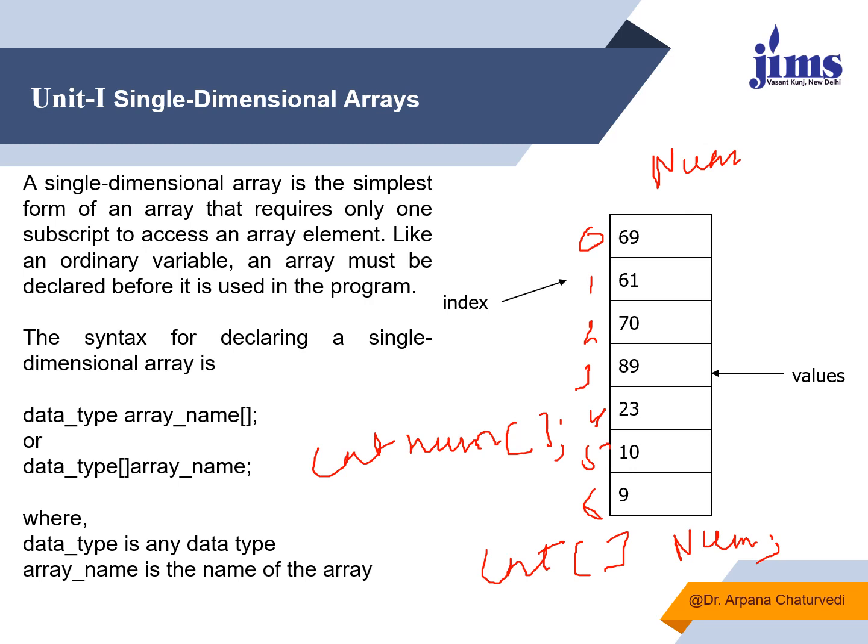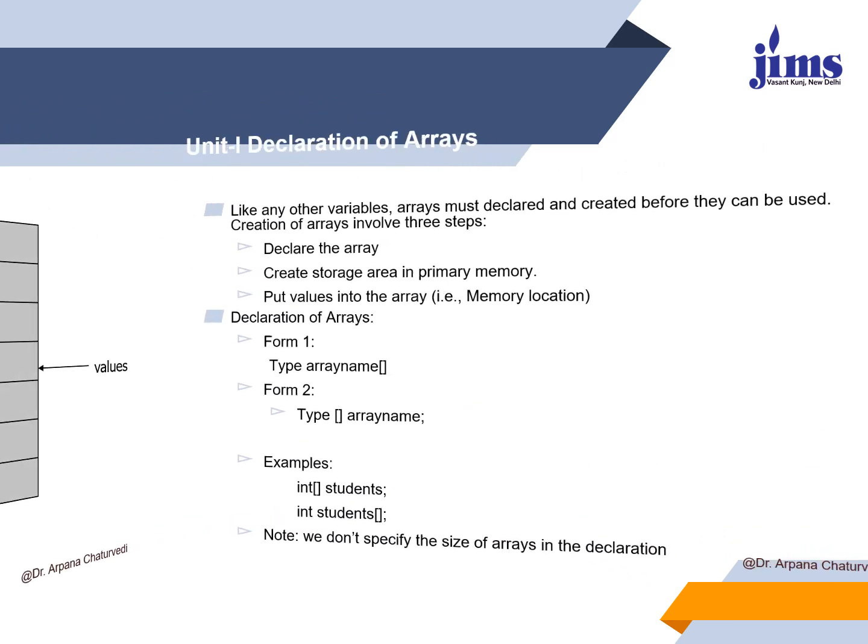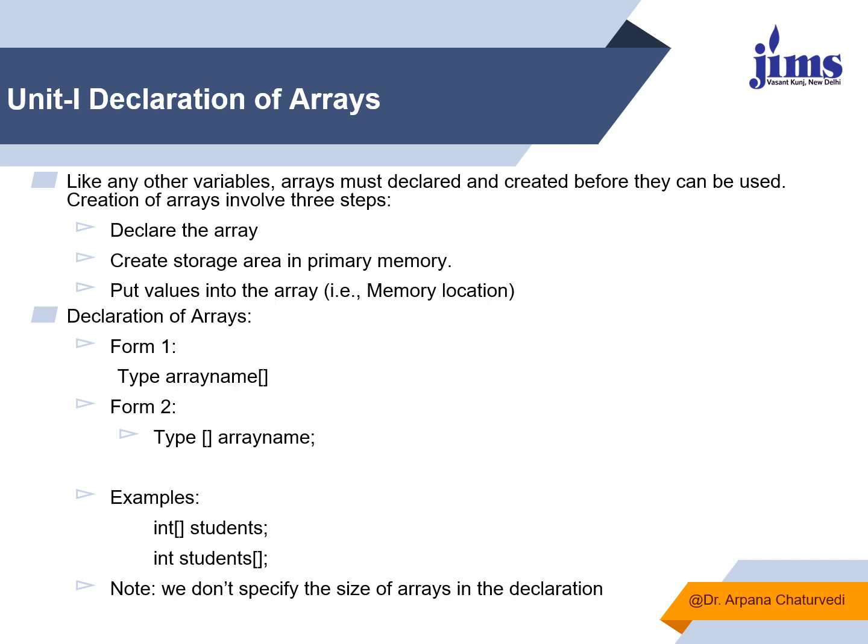You can see here we have just declared, but we didn't initialize the memory because the size is missing. In further slides we will see how to initialize the memory for this array. For this the operator which we use is new, whereas in other languages it is not necessary. The moment you write the data type and the name of an array with size, the array gets declared. But in Java you have to make use of the new operator to allocate memory to an array.